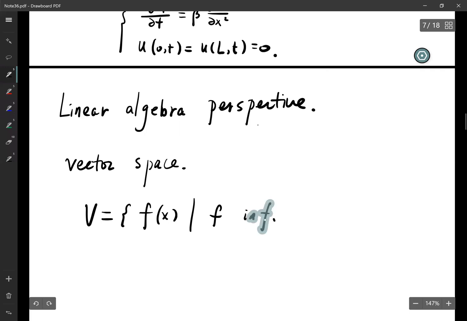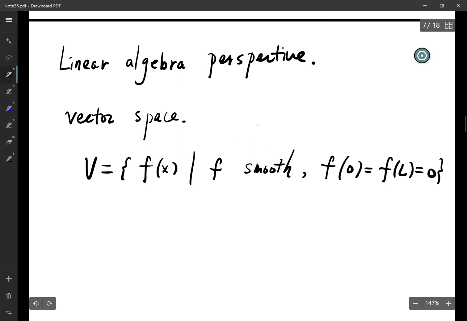Let's call it smooth. A smooth function plus a smooth function is still a smooth function, together with the boundary data. So I consider this a vector space. If two functions vanish on the boundary, the linear combination still vanishes on the boundary.